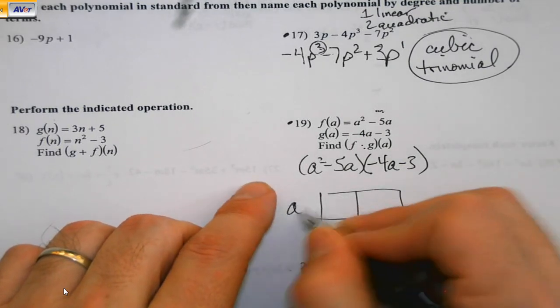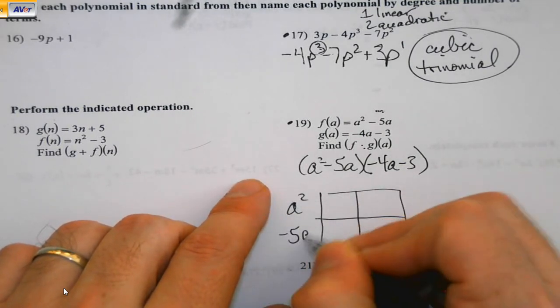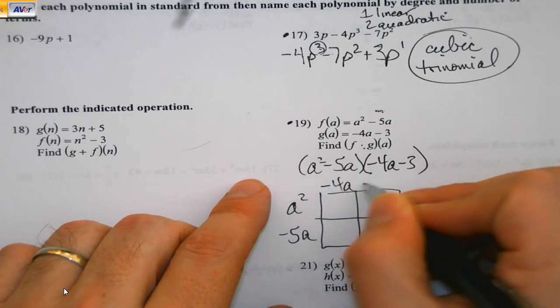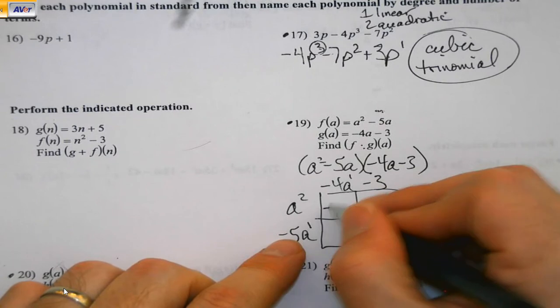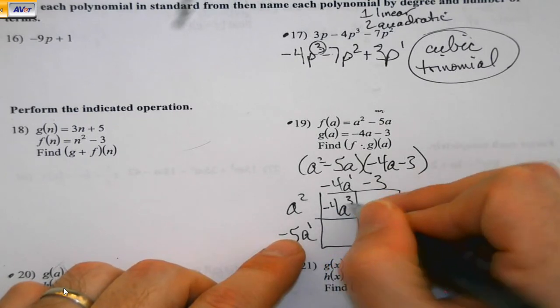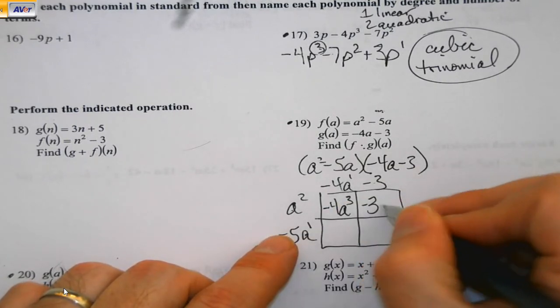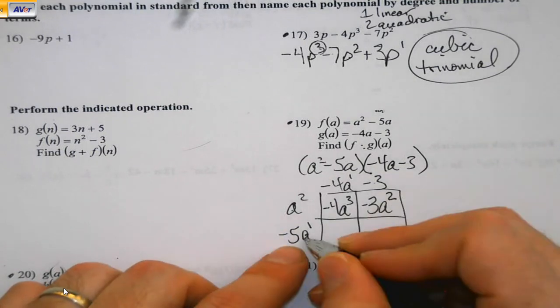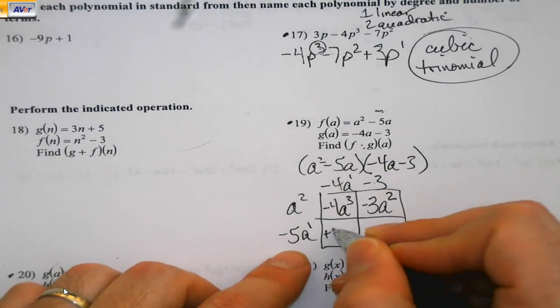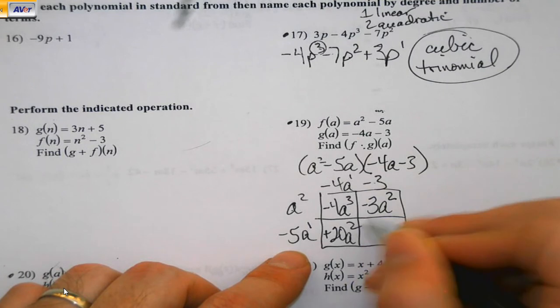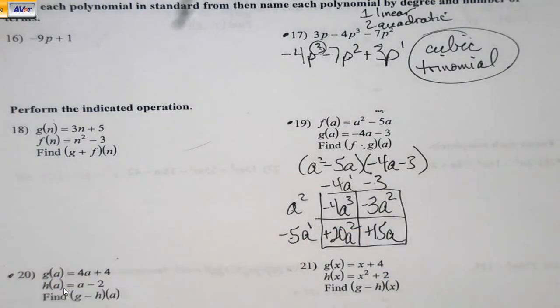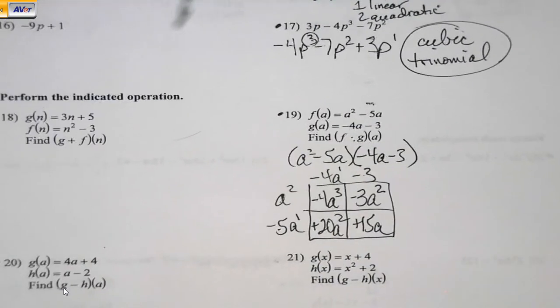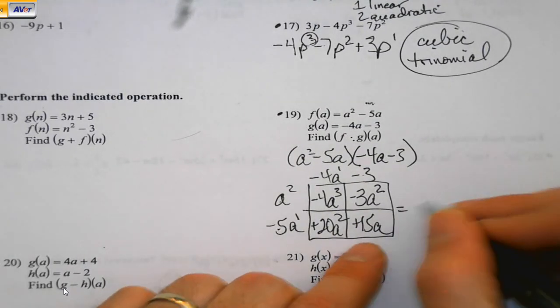So, just like we've done on our other boxes, multiply coefficients, add exponents. Be careful not to lose a variable anywhere. Box that out following my rules.